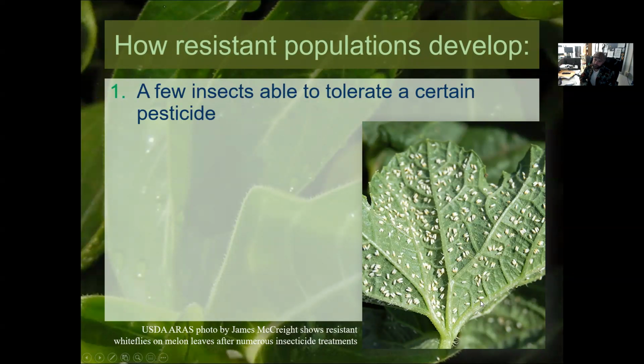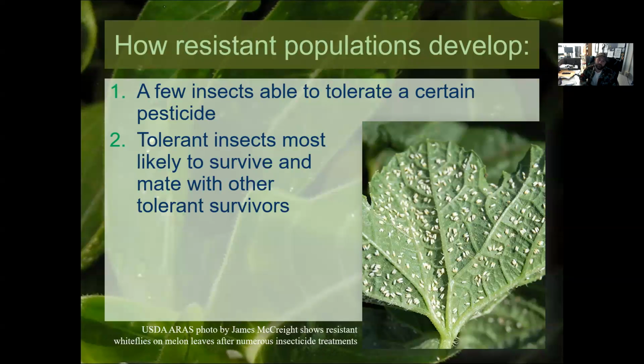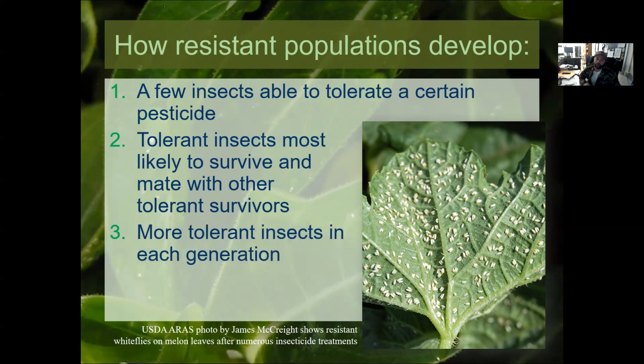A few insects are able to tolerate a certain pesticide. Tolerant insects are most likely to survive and mate with other tolerant insects. So whenever those insects start mating, they're going to basically create a superbug that's not going to be affected by that pesticide any longer. More tolerant insects in each generation. Like I just said, the more that these tolerant insects mate, the harder it's going to be to kill them with that specific pesticide.